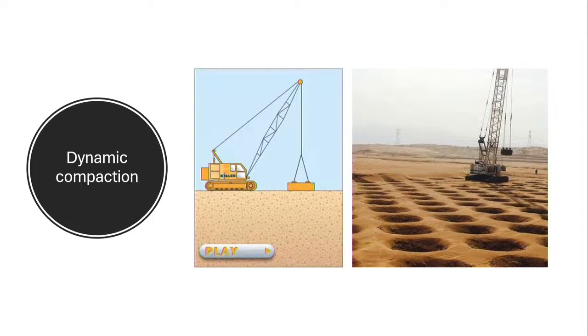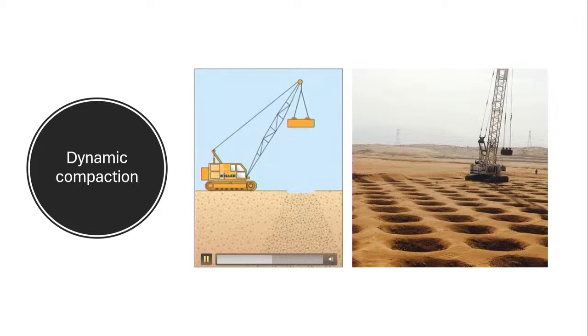So dynamic compaction is something that is typically seen if you want to consolidate your base. You take up a load and then you drop the load, that sets up a compaction. And typically what you do is you make a grid, because if it goes down, the compaction is like this.